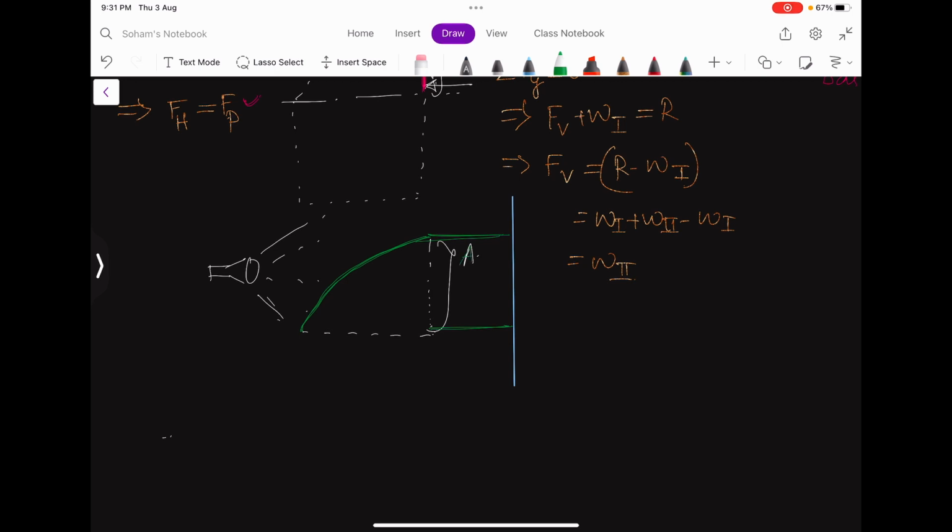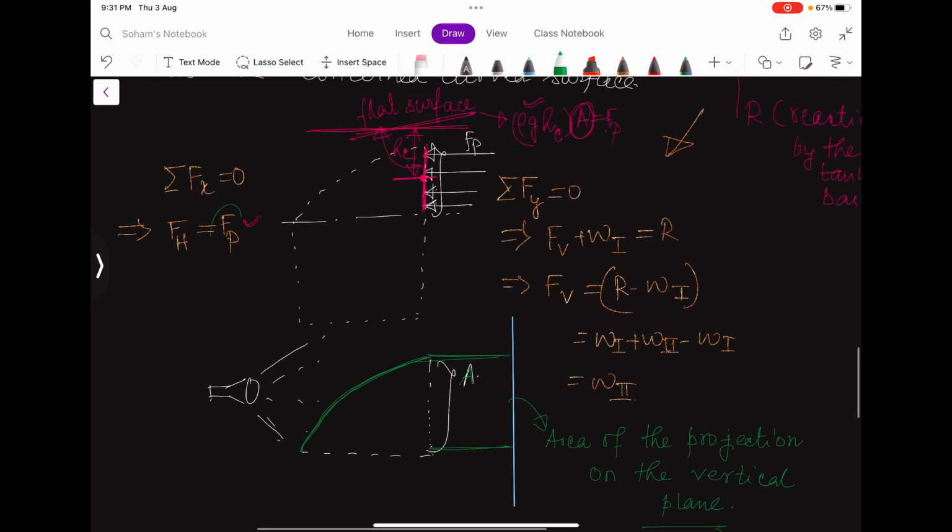So this area is nothing but the area of this shadow, or the area of the projection on the vertical plane. I think it is clear how to find this Fp.